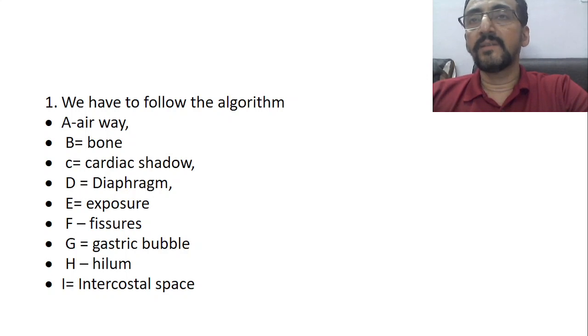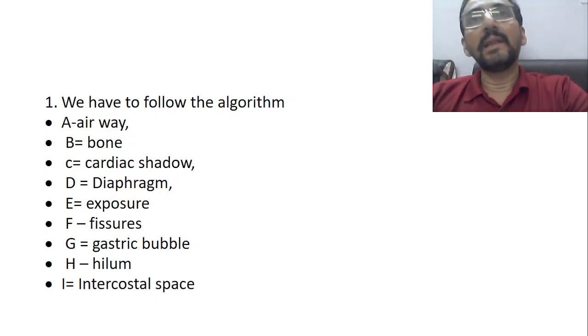We have to see whether this gastric shadow is present, and if it is present, whether it is in place, displaced, or overshadowed. Many times the stomach may be filled with more and more air, and there may be perforation and other conditions, so it also has to be understood. So G stands for gastric shadow.